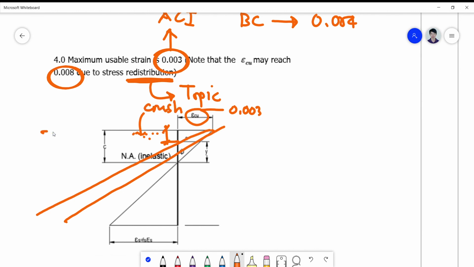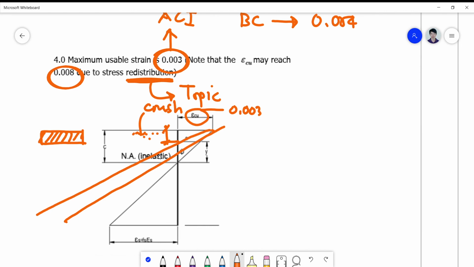So when the concrete in compression is no longer able to withstand the loading due to the very small area in compression, such that your moment reduces, okay, at a value less than the required moment or the ultimate moment, then your beam will fail.